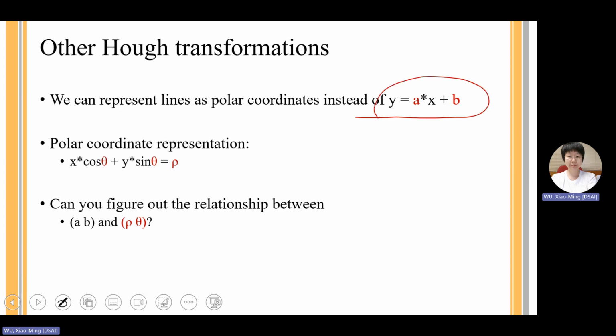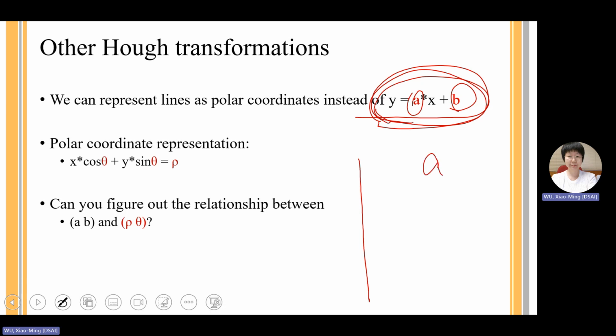This representation may not be the ideal way to represent a straight line, although it is the most common way, the slope and the intercept. But what if we want to represent a vertical line, or a nearly vertical line?